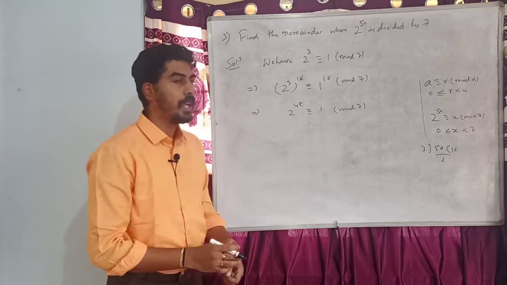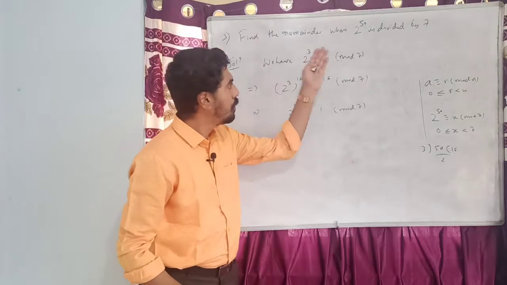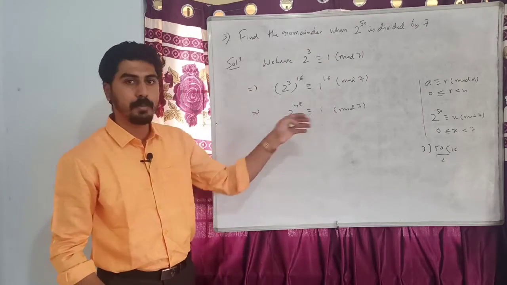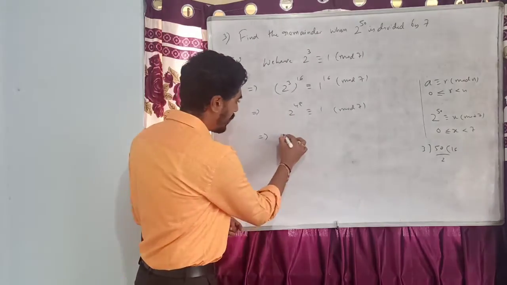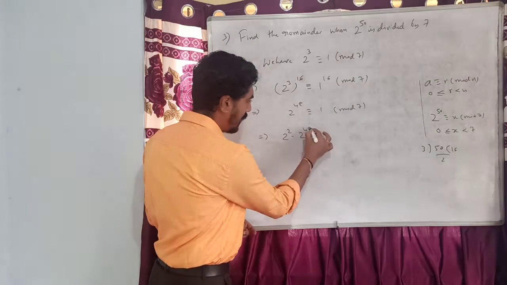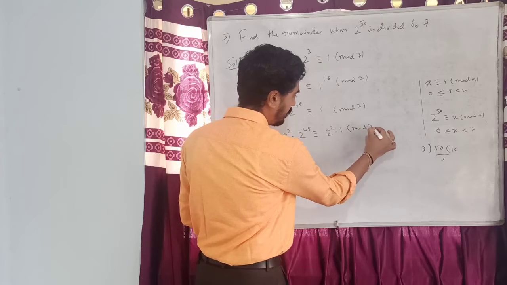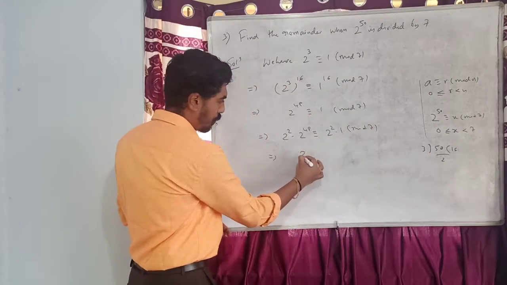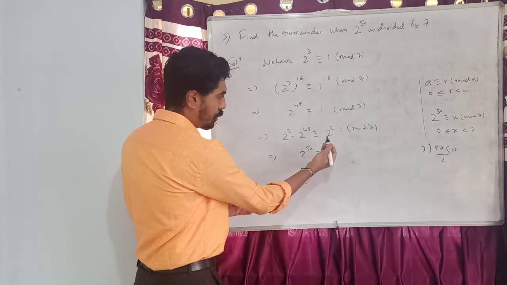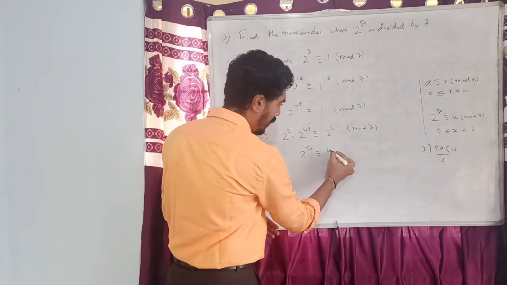Okay. But we need to get 2 power 50 here, so I multiply both sides by 2 square. So we get 2 square into 2 power 48 is congruent to 2 square into 1 modulo 7. So 2 power 50 is congruent to 2 square is 4, 4 into 1 is 4 modulo 7.